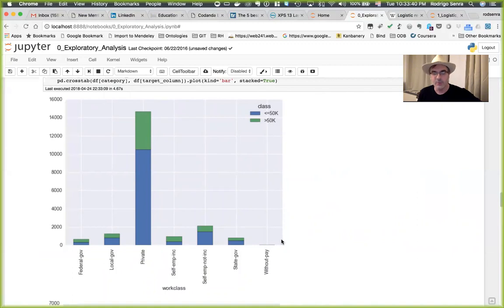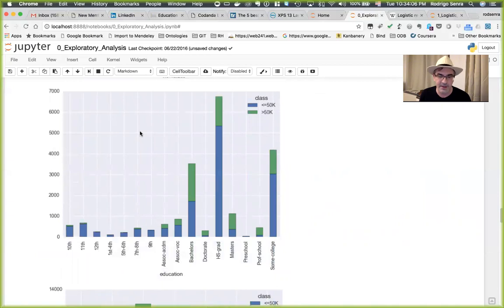So here we can identify two things: the separation of the target variable according to a single value of the attribute work class, and also, for all the values of the work class attribute, which ones have more samples in our population.